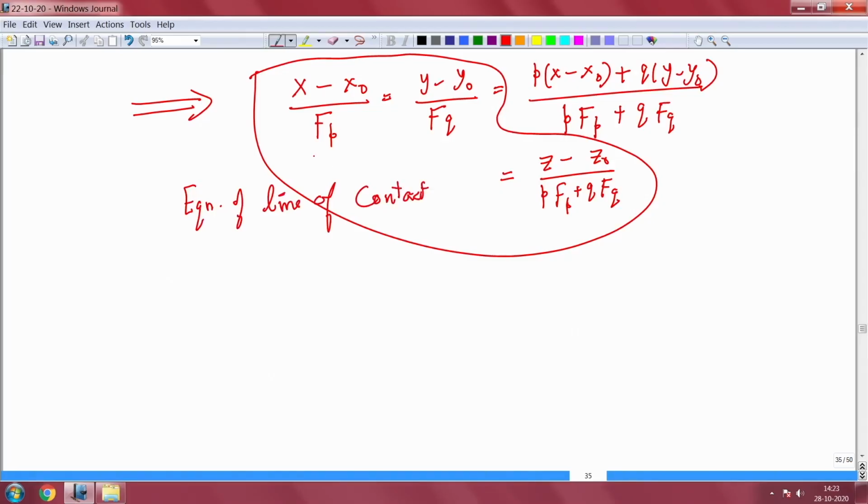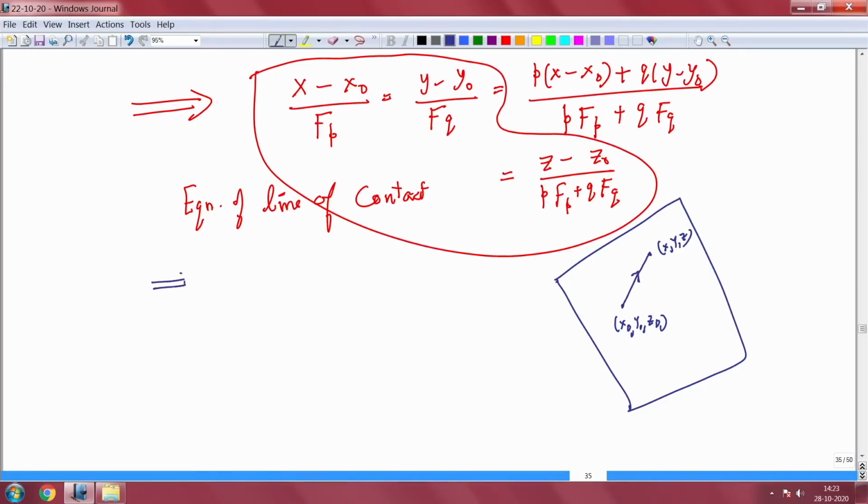So you got it. Now look at one more thing immediately. Let me use a different color. Look at the tangent plane. You have a tangent plane, you have your (x naught, y naught, z naught), and then you have (x, y, z) in the tangent plane, and this is your tangential direction, this is your characteristic direction, and this equation tells you immediately that (f_p, f_q, p f_p plus q f_q) has the same direction as (x minus x naught, y minus y naught, z minus z naught).